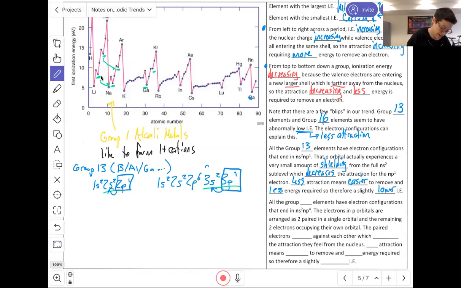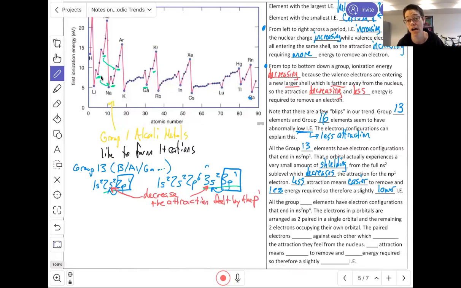Okay, so these guys decrease the attraction felt by that P1 electron. It's not a lot, it's a little, but it's enough. All right, so that explains the group 13 elements.